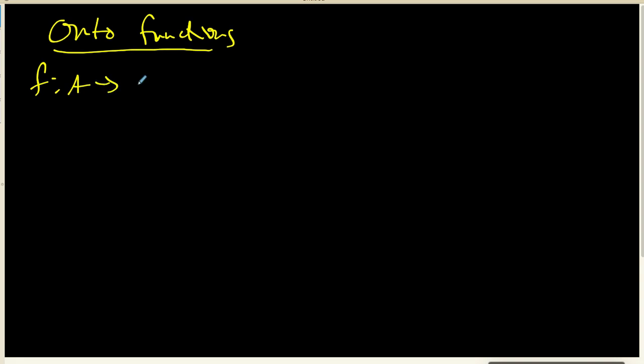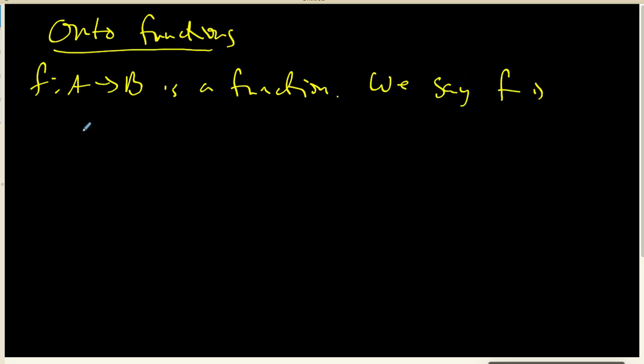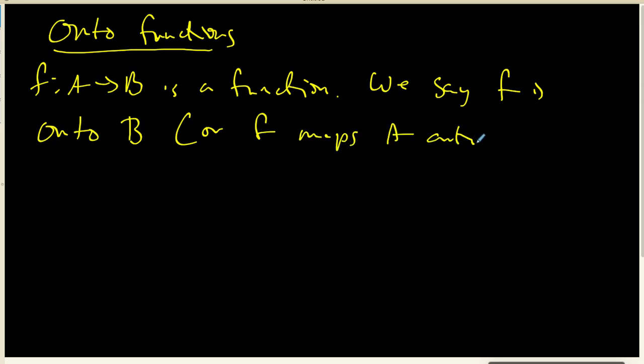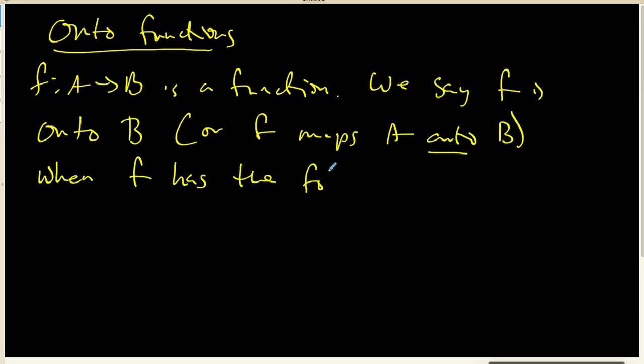So f is a function from A to B. We say f is onto B. Sometimes this is f maps A onto B. So f maps A onto B when f has the following property.